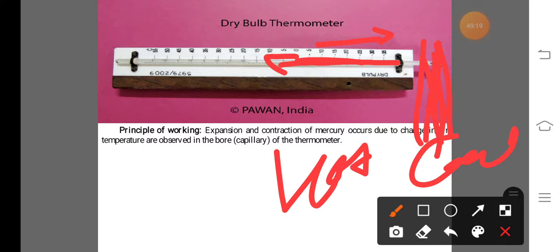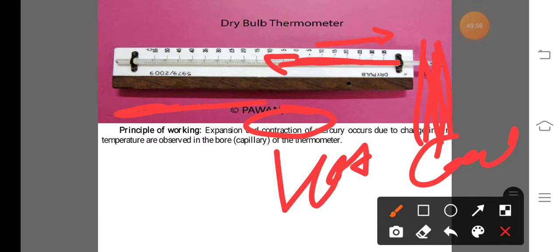In principle of working, the expansion and contraction of the mercury occurs due to the change in air temperature. That means due to the change in atmospheric temperature, expansion, that is increase, and contraction, that is decrease, occurs, and on that basis the actual air temperature is recorded using the dry bulb thermometer.